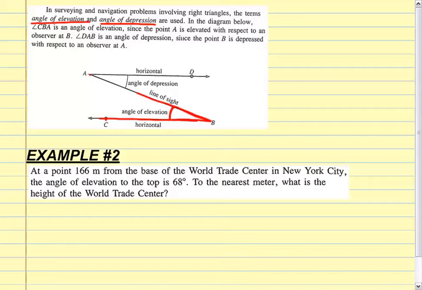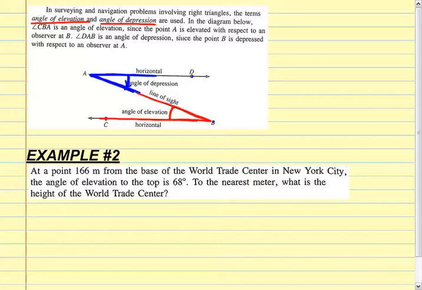Since the point A is elevated with respect to an observer at B. Angle DAB, from here to here to there, is this angle. The horizontal line's here, and we depress to get the angle.